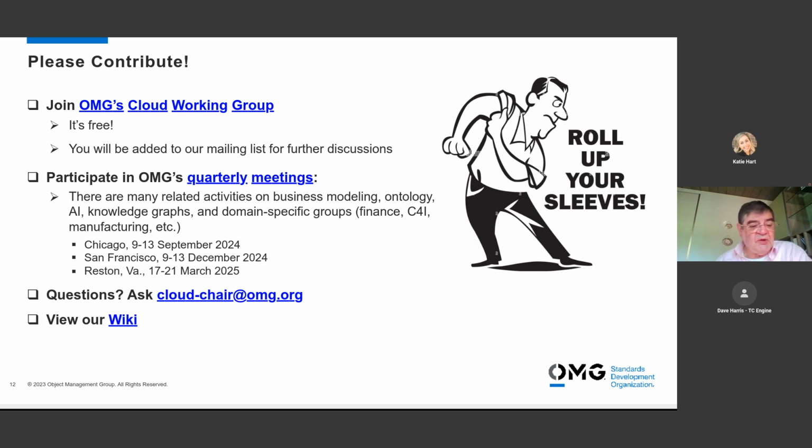Lisa, Dave, and I all can be reached together at cloud-chair@omg.org. And we also have a wiki, and when you get the slides, you'll be able to click on that link. It's omgwiki.org/cloud, OMGWIKI in one word.